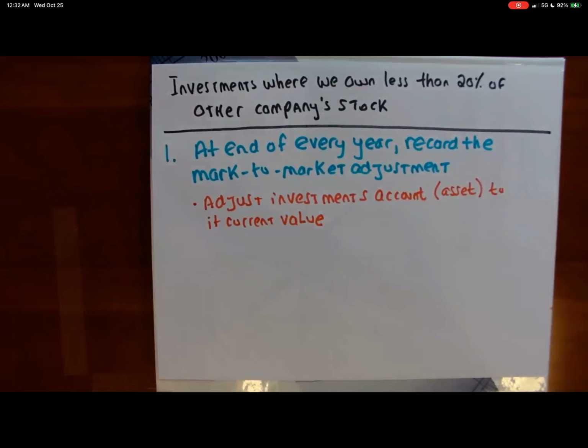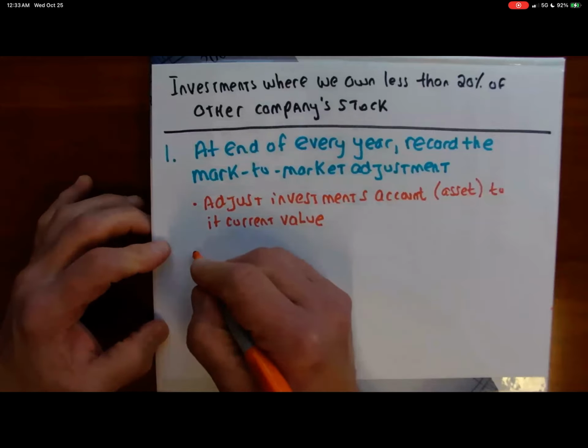I think the very first generally accepted accounting principle we learned was the historical cost concept, that assets are recorded on the balance sheet at their cost. And we don't make later changes as the value changes. Well, here's an exception. Investments where we own less than 20%, we do adjust that asset account to its current value. So one part of the mark-to-market adjustment is to adjust the asset account to its current value.